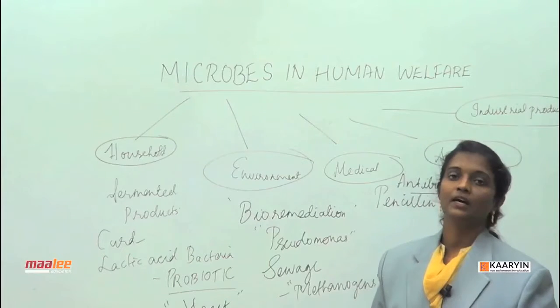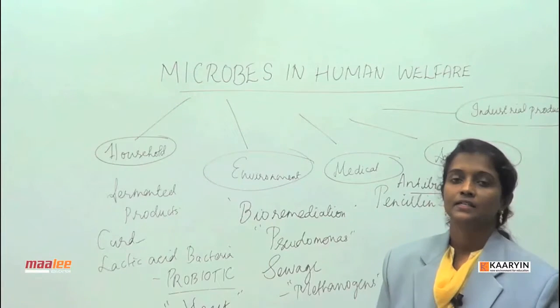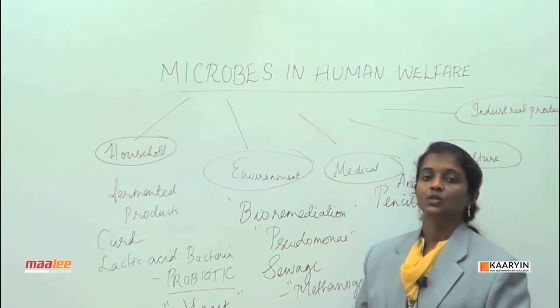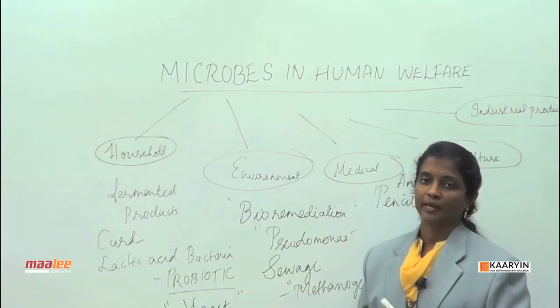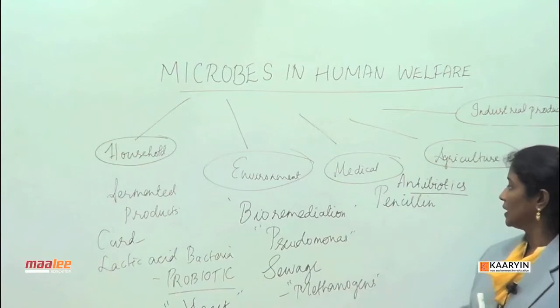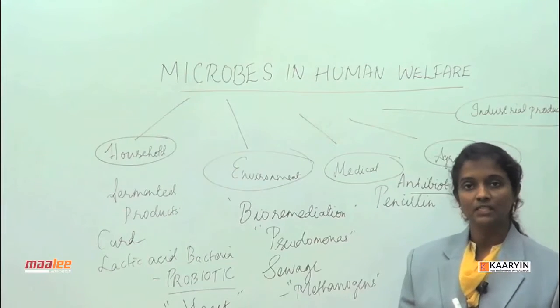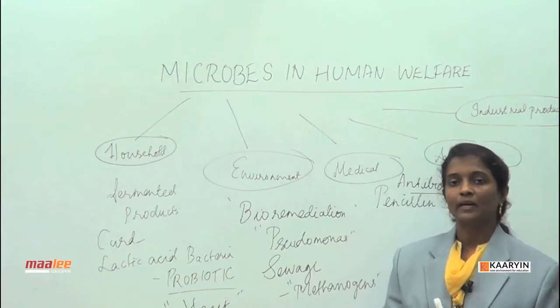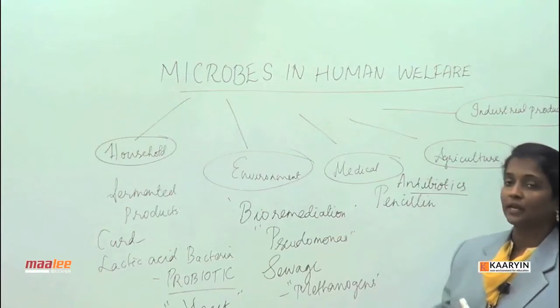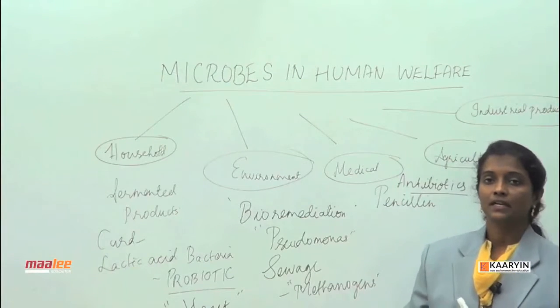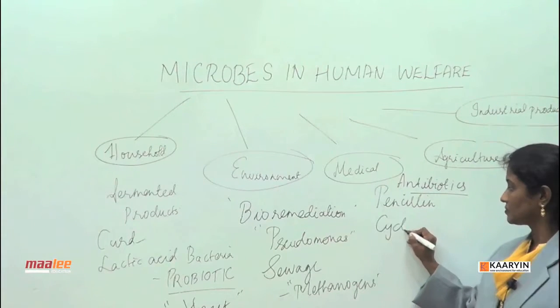Fungi and bacteria have given us antibiotics to act against other microorganisms. So, Penicillium notatum has given us penicillin, and Streptomyces griseus has given us streptomycin. We also have to make a mention of other life-saving drugs like cyclosporin.